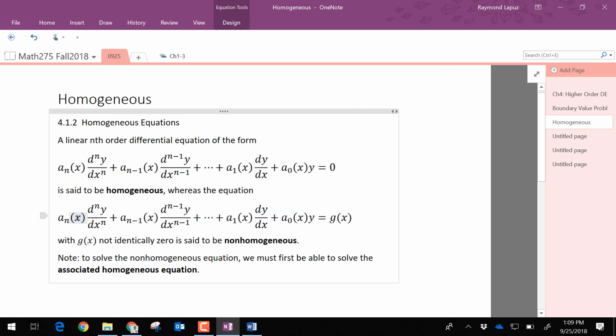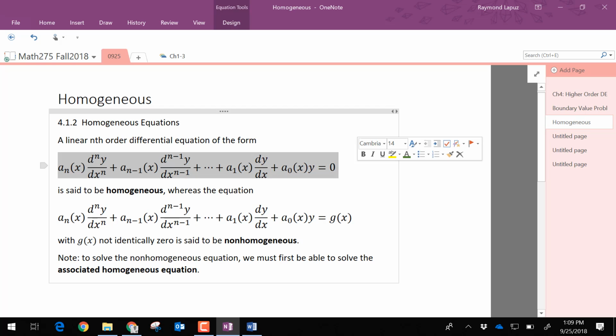So in solving for this system where you have this linear differential equation equal to g of x, you actually have to solve for that same system where it's first equal to 0. And we'll talk about how that builds on itself when we start finding solutions.